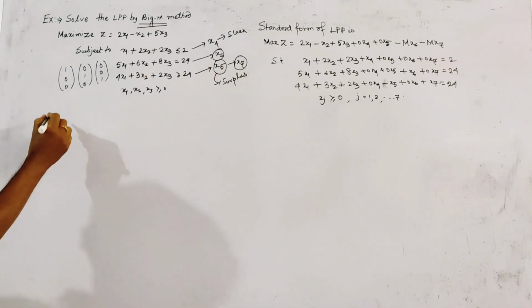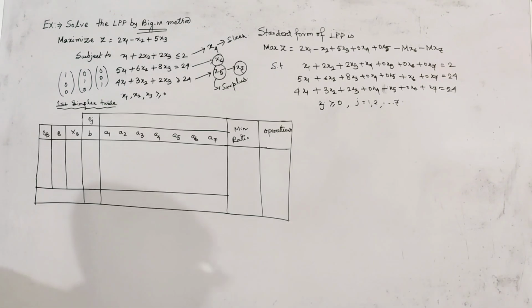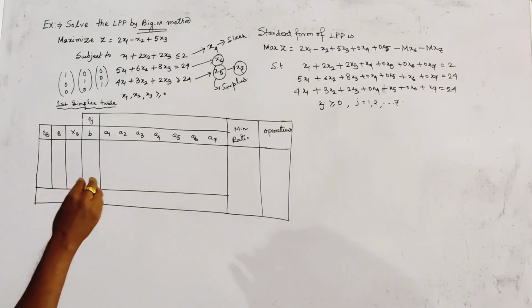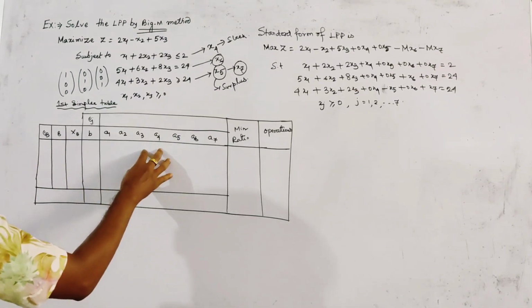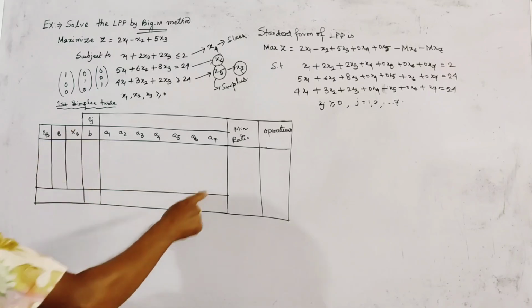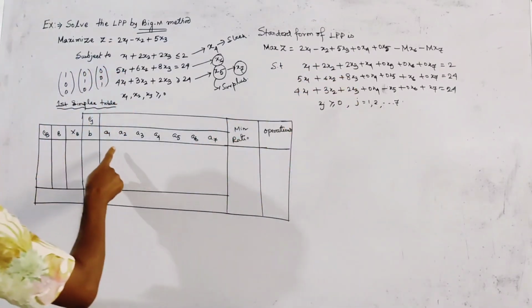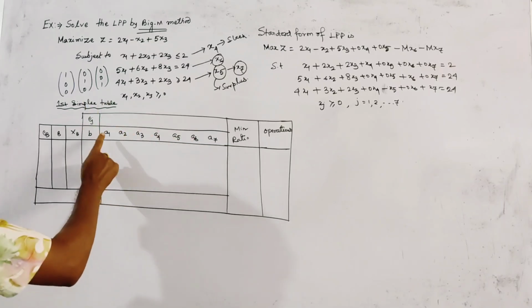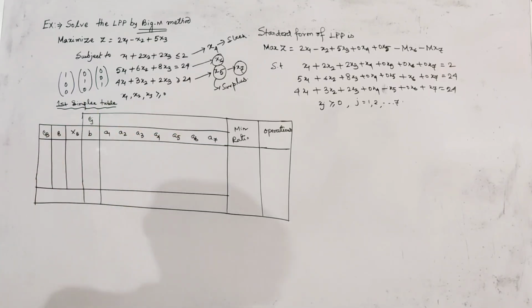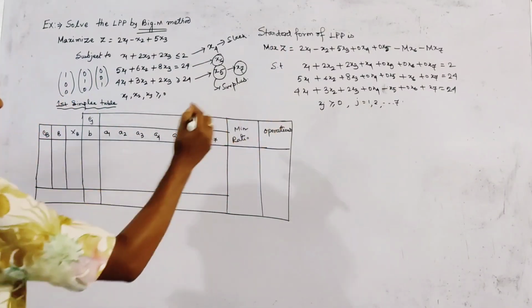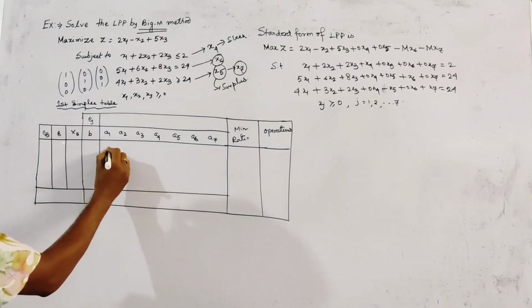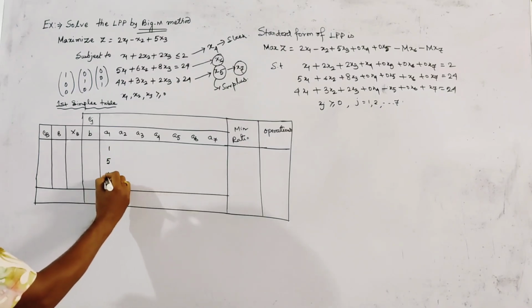Now we draw the first simplex table, and we first put the coefficient matrix here. Since there are 7 variables, we write 7 vectors A1 to A7, and we write all the column vectors one by one. The first column is 1 5 4.